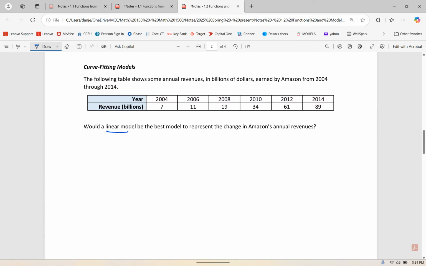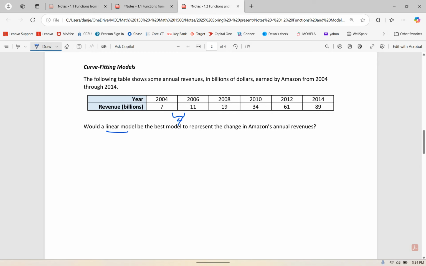A linear model. Remember we said linear model, we have a constant amount of change. The rate of change is the same. So if I look at this model here, this table shows some annual revenues in billions of dollars earned by Amazon beginning in 2004, running through 2014. Notice that the change in the first 2 years is $4 billion.